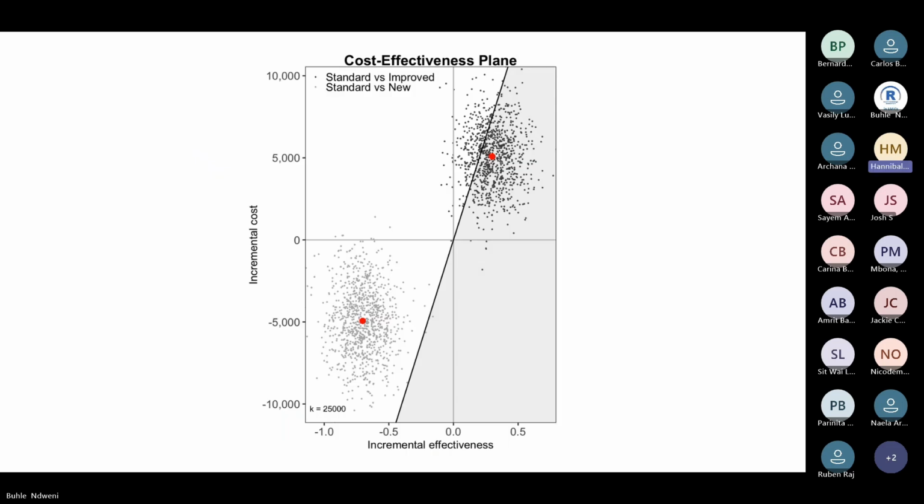Yeah, so in this case, now you can see the difference between the two different interventions. You'll notice that one is right up there in the top right quadrant, and the other one is at the bottom left, showing that these two are actually going in two different directions in terms of cost effectiveness.